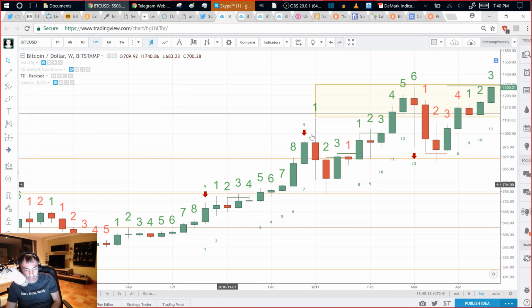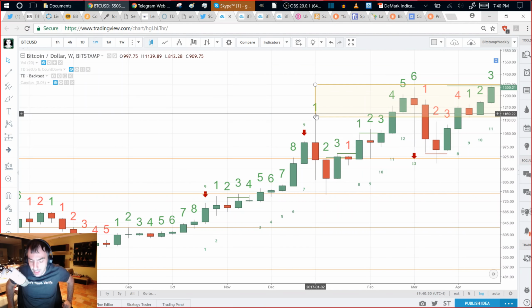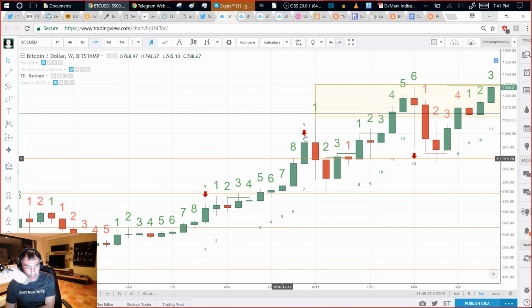Okay, so I got a heads up that there is another 9 over here, but the textbook will tell you that the 9 was coming here, which would have been a better sell. Now, there's a couple of things that I like. I still like to combine this indicator with traditional markets. So that means the one thing I look for on these 9s before I get out of the trade is a reversal candle.